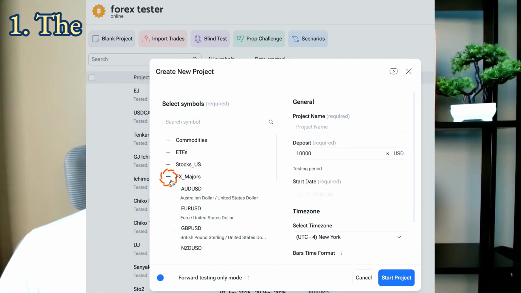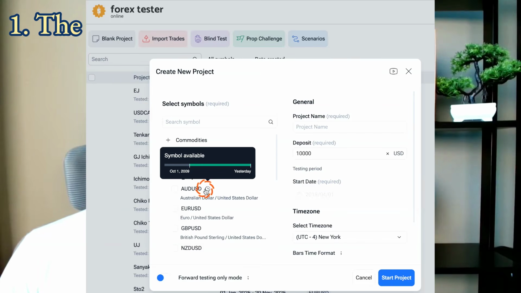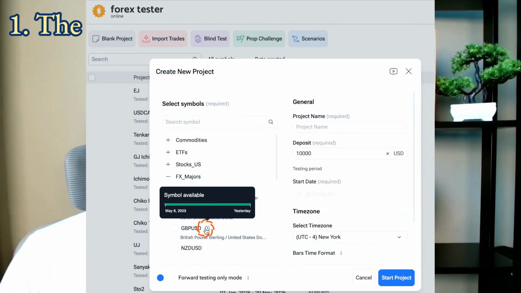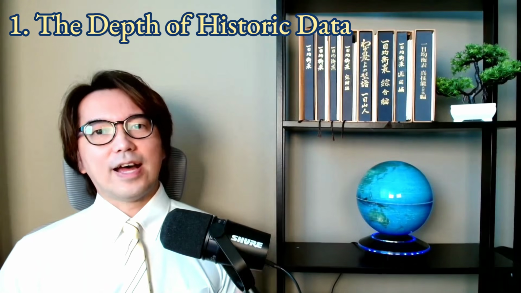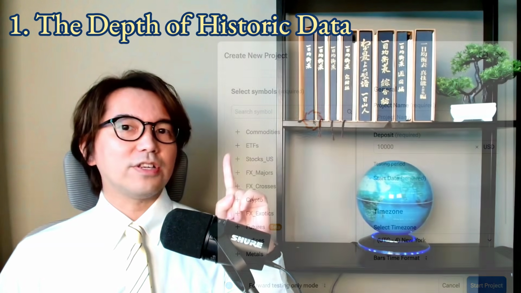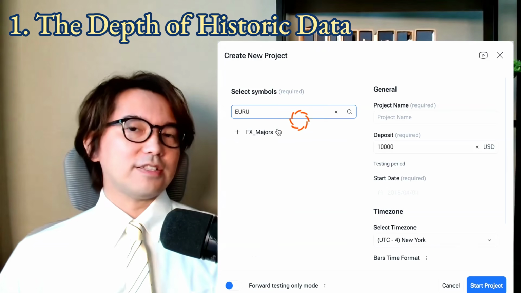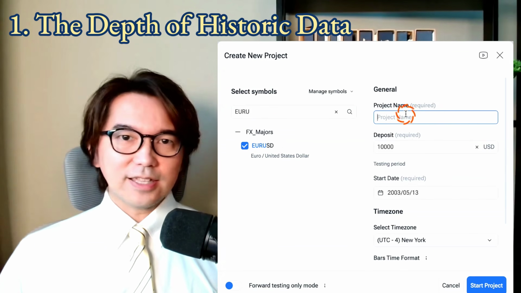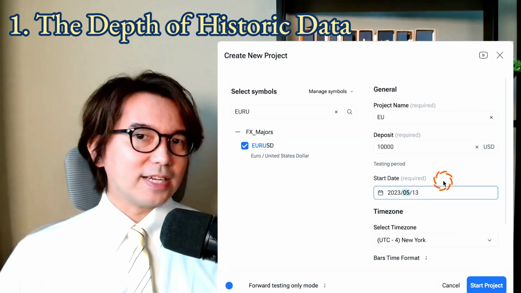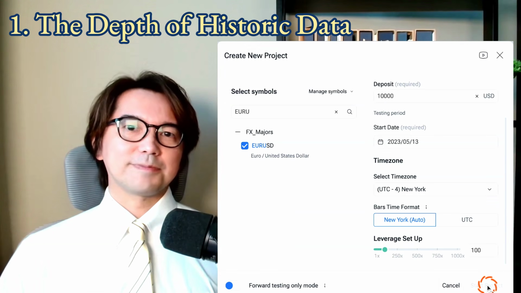Because Forex Tester Online is designed exclusively for simulation, it stores massive amounts of historic tick data spanning decades on its servers. So let's say I decide I want to test how my KTS logic works on the 1-minute chart on EURUSD from 3 years ago, I can instantly load up the perfect 1-minute chart from that exact time, just like this.